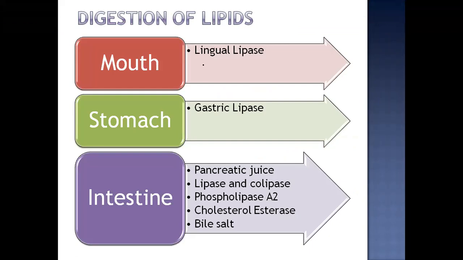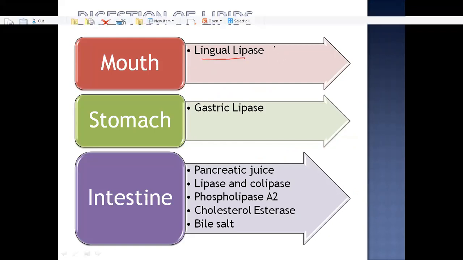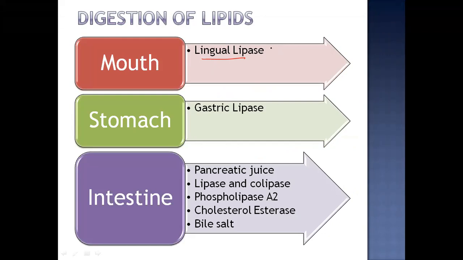So the process of digestion starts from the mouth, where the primary enzyme is lingual lipase, which is usually released from the dorsum of the tongue by Ebner's gland. Now, this particular enzyme has a major role in infants and in young children, where the main source of lipid is breast milk.